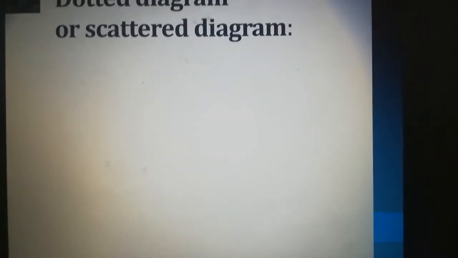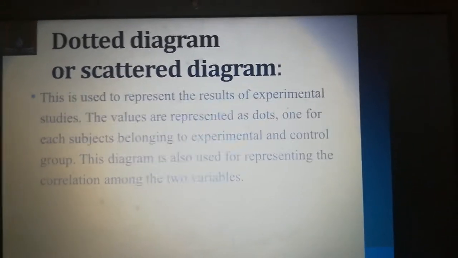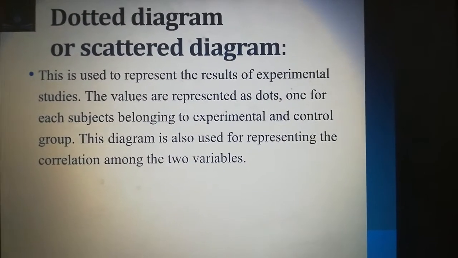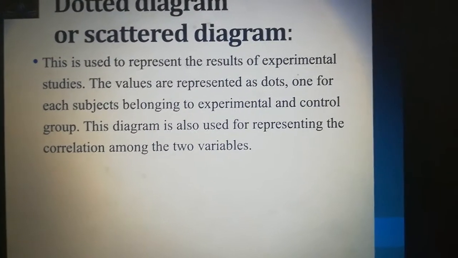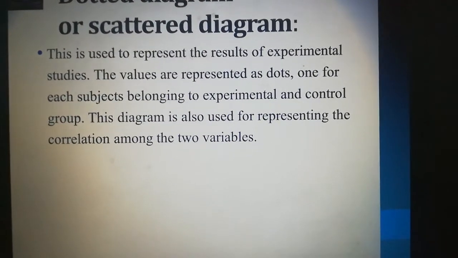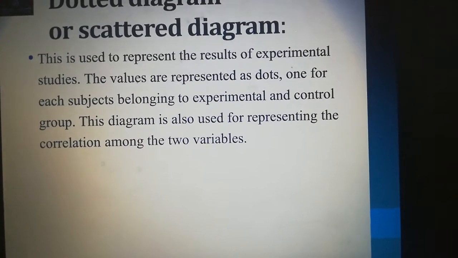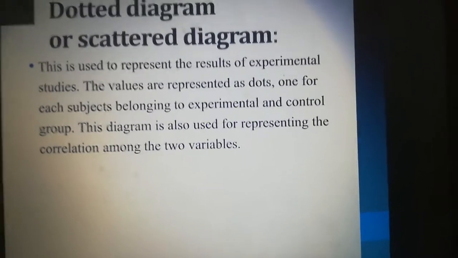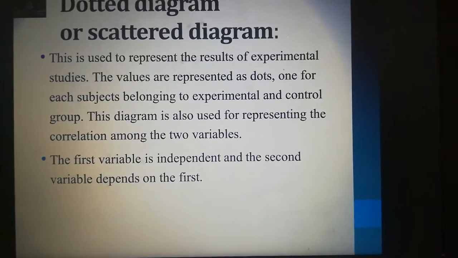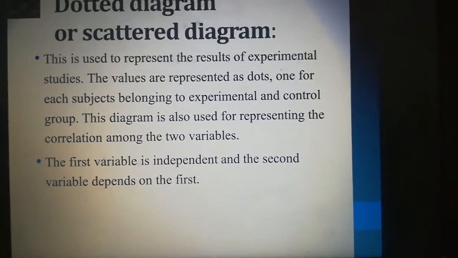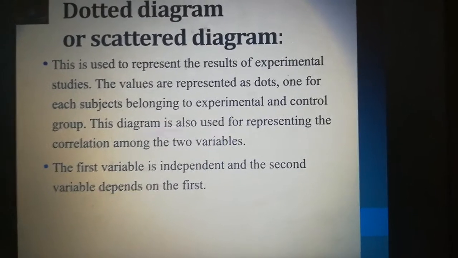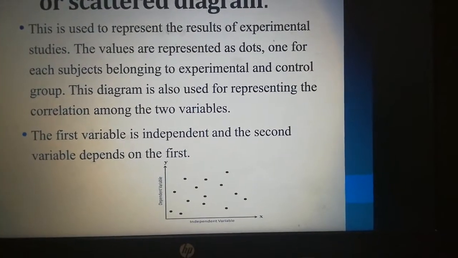Next, the dotted diagram or scatter diagram. This is used to represent the results of studies, like experimental or control group data, or to represent the relationship between two variables, the correlation. The first variable is independent and the second variable depends on the first. Let's see the scatter here.